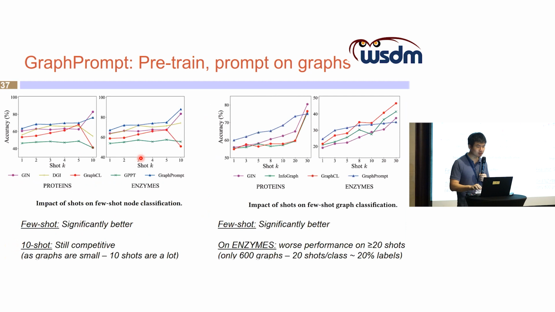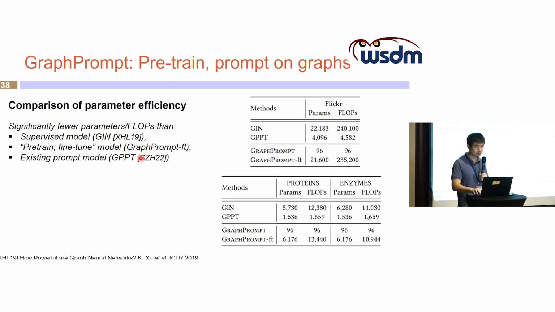I think I want to show you this one. This is our downstream model parameters compared to other models. With our GraphPrompt method, we only need to update 96 parameters, right? But for the traditional supervised model or other baselines, they have a much larger model size.